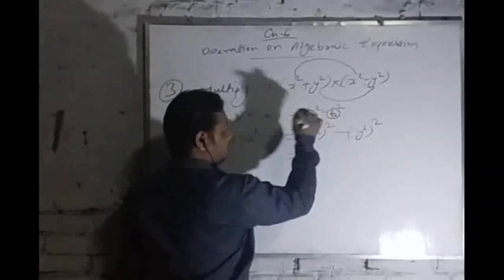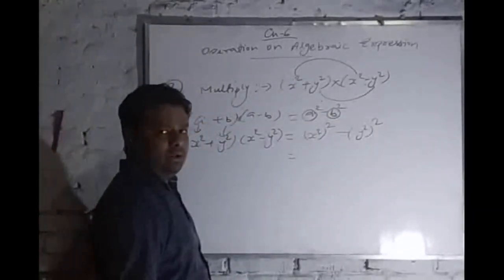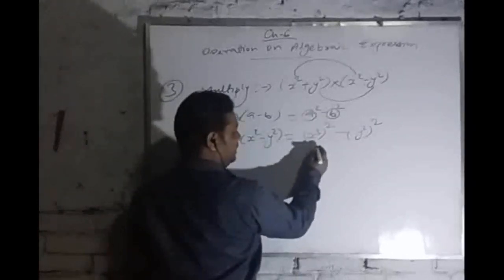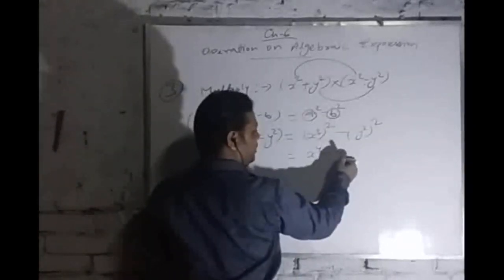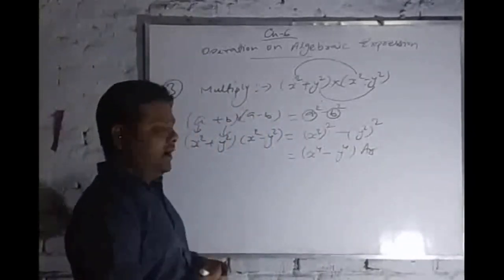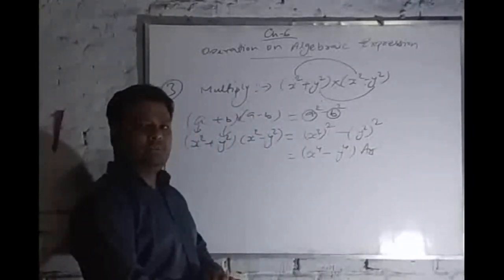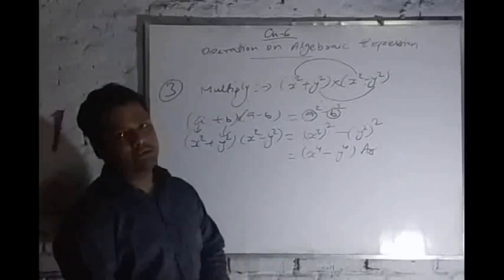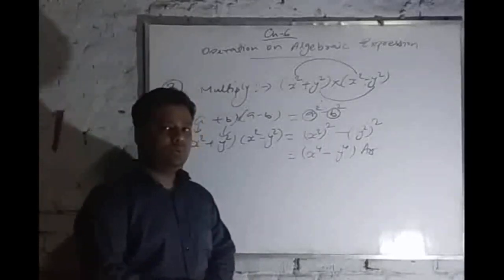Then multiply the powers: 2 into 2 is 4, that is x to the power 4, and 2 into 2 is 4, that is y to the power 4. Like this we will find the value of any expression by using the third identity. I hope that you all have understood.